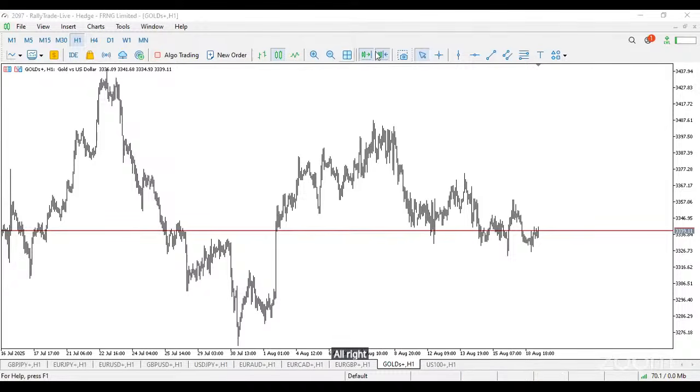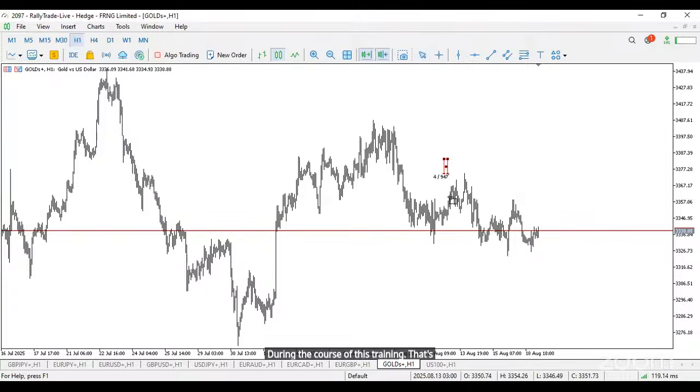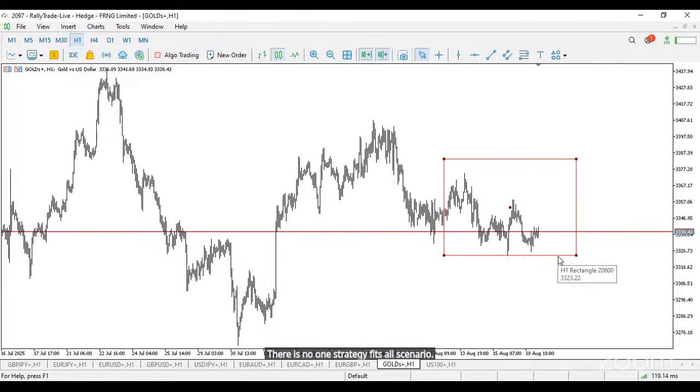All right. As I've told us times without number during the course of this training, once we see a consolidation, there is no one strategy fit all scenario on the chart. Whatever strategy you are using, it can come in two ways. There is no single strategy that works for all the market scenarios you see every time on the chart. Each market scenario requires a different type of strategy.